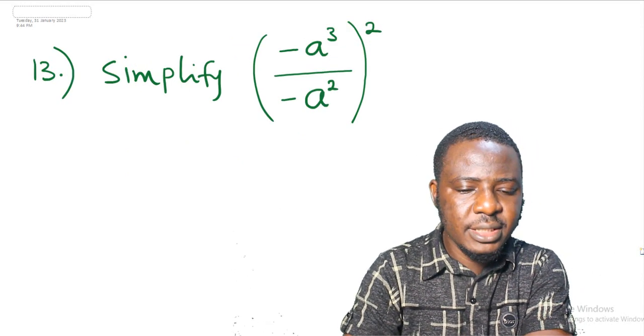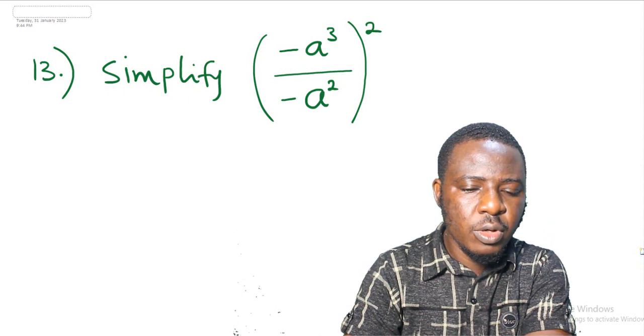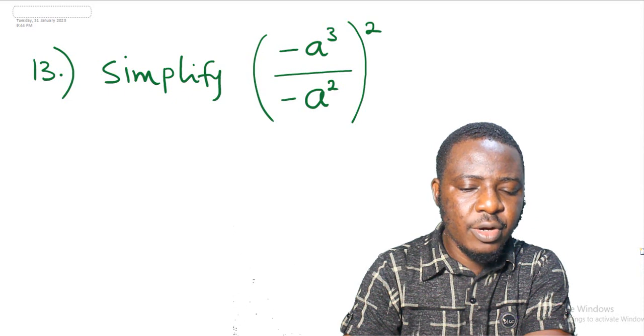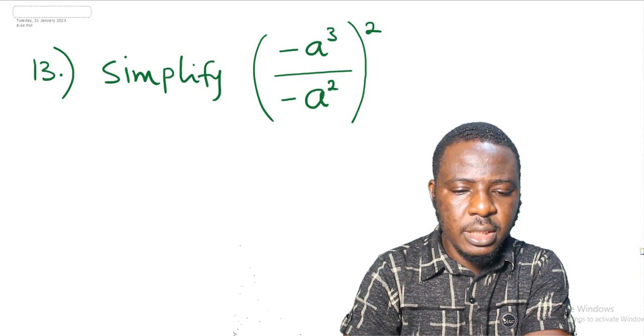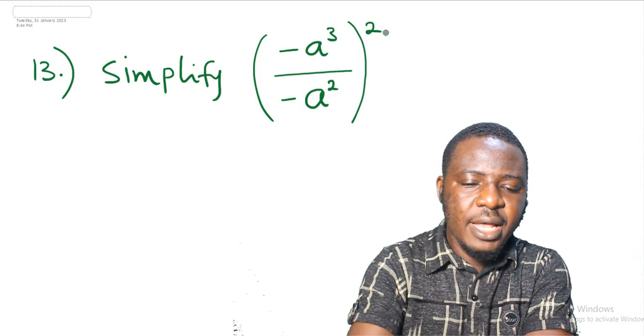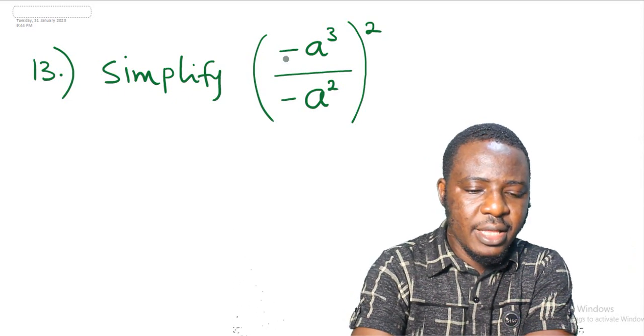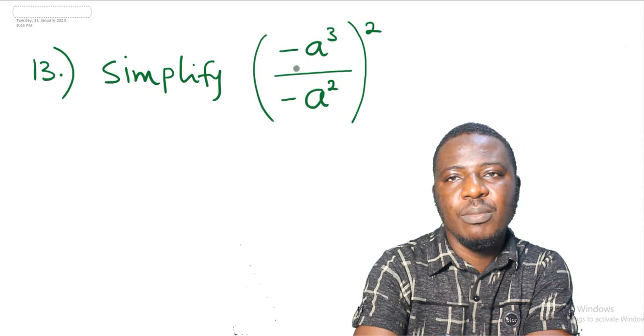Question number 13. Simplify minus a cubed divided by a, minus a squared, all squared. Now, by this being a square, the powers of this become positive.